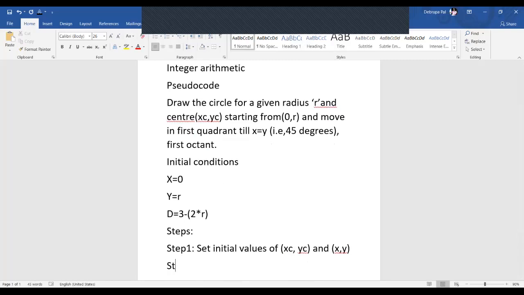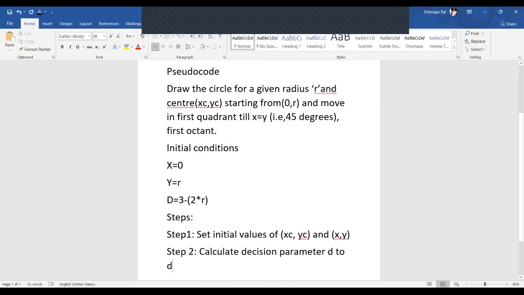Now if we go to step 2. What is step 2? Step 2 is calculate decision parameter d. d is equal to 3 minus 2 into r.